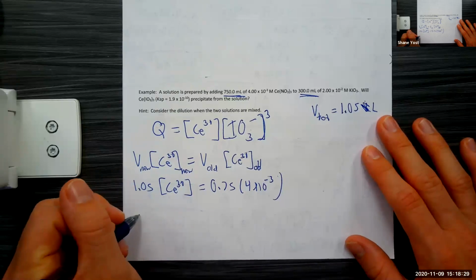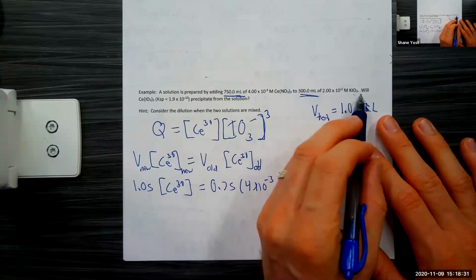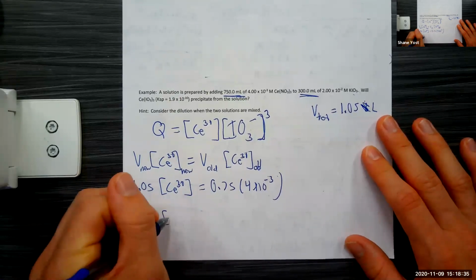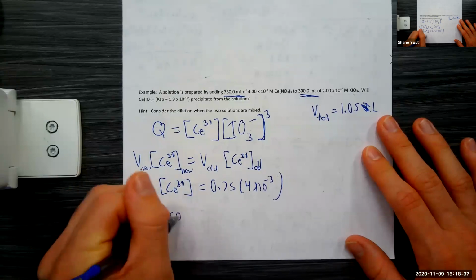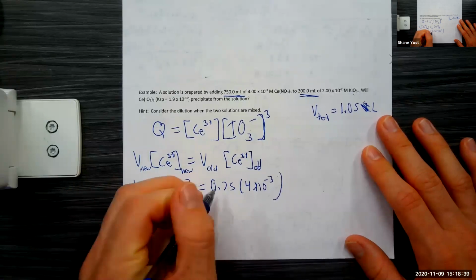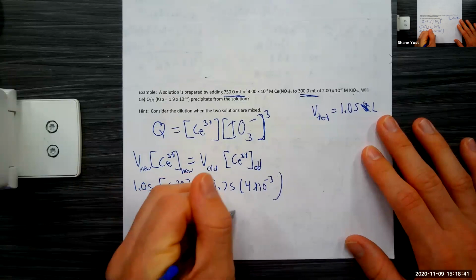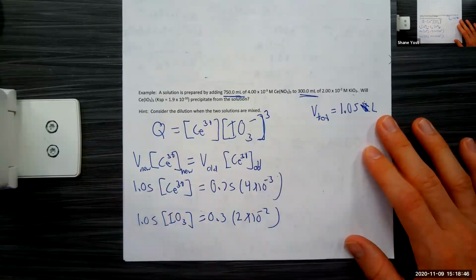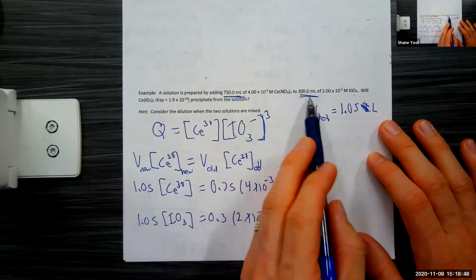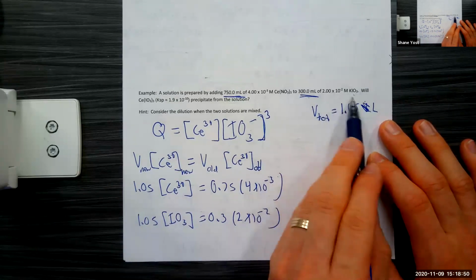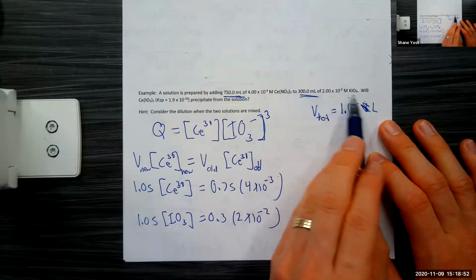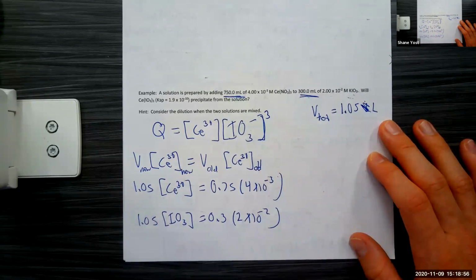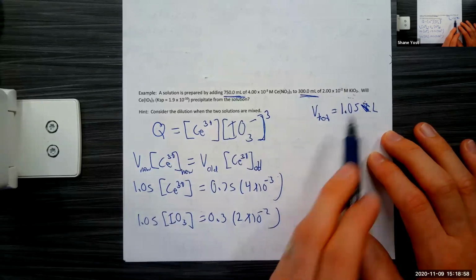I do the same thing for IO3, which is 1.05 times the concentration of IO3 equals 0.3 times 2 times 10 to the minus 2. So again, I'm taking the initial volume and the initial concentration of IO3, which comes from potassium IO3, and dividing by the new total volume of 1.05 liters.